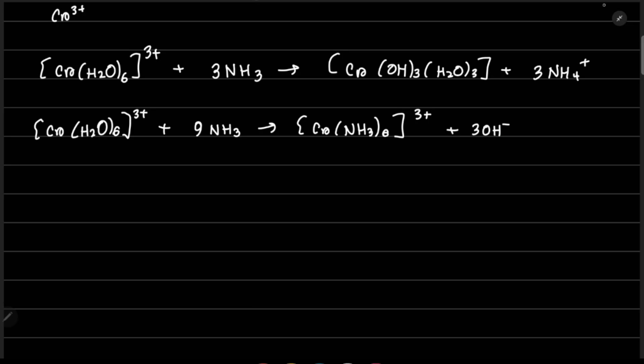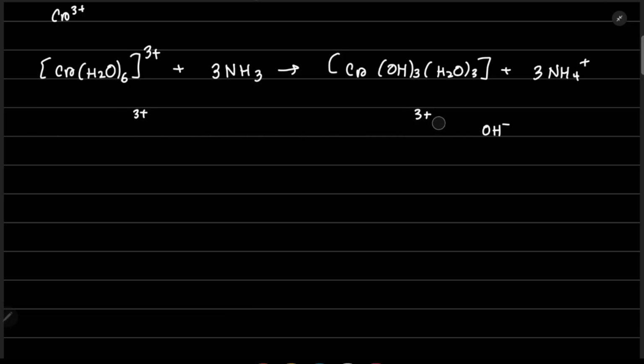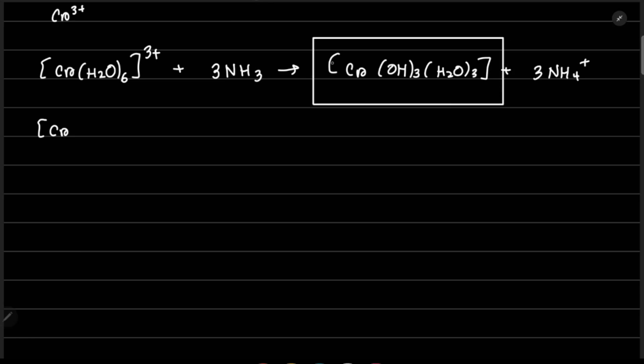It's better to not go directly from here. We'll take this as the thing we're reacting with. Basically, when we write down a reaction from this to this with excess ammonia, we are showing the first reaction and then showing the second reaction, because the excess ammonia will react with this product over here.